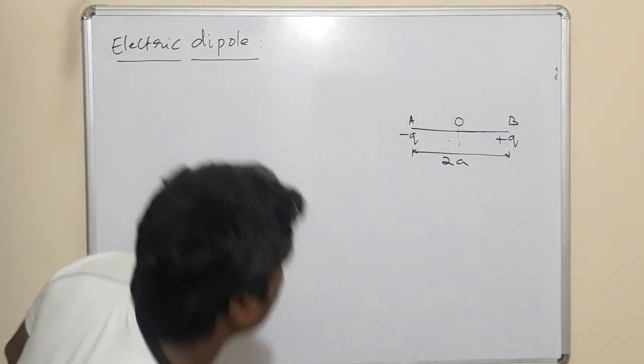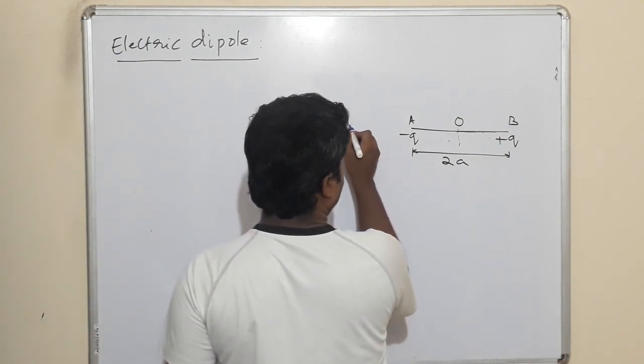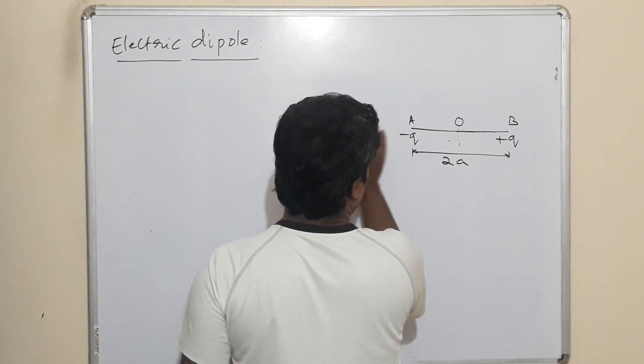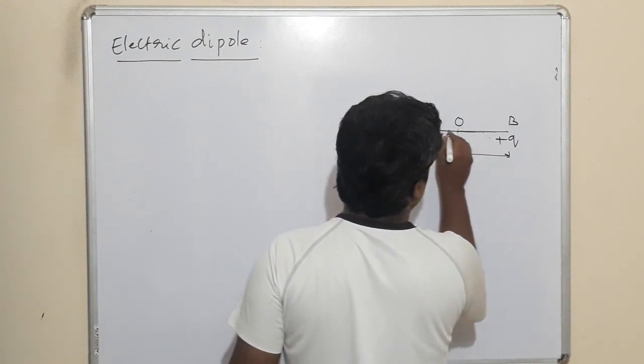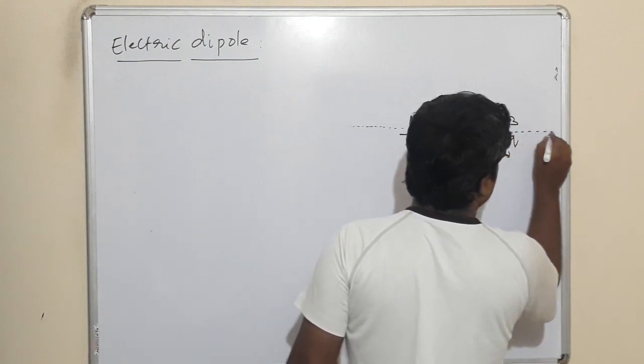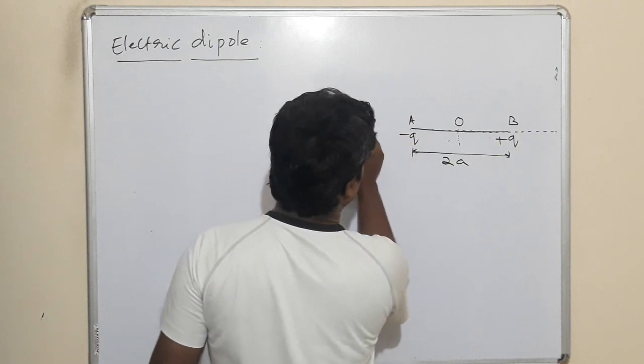Any line, suppose on this dipole moment, if I draw a straight line which passes through both the charges, this is the straight line which is passing through both the charges.